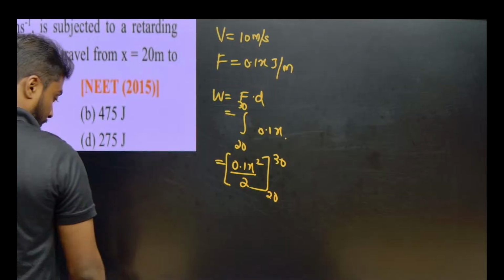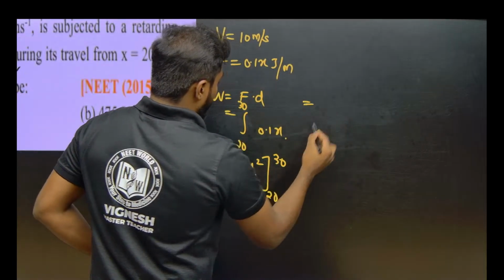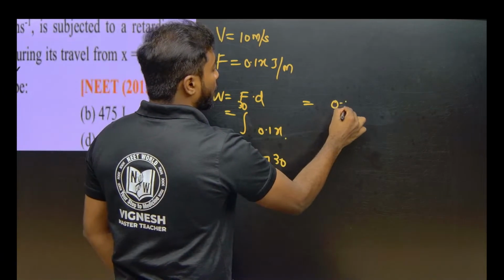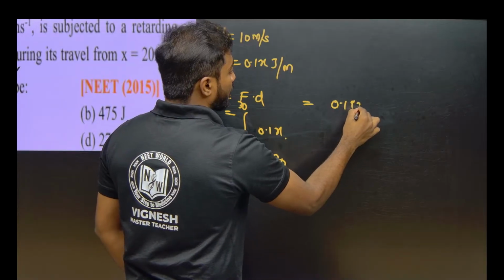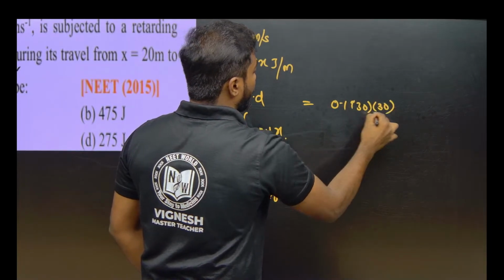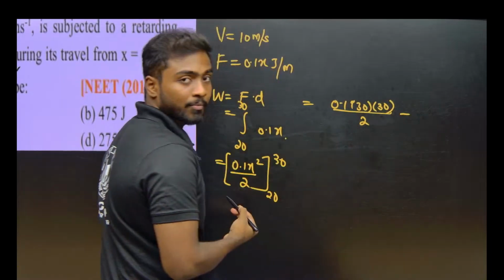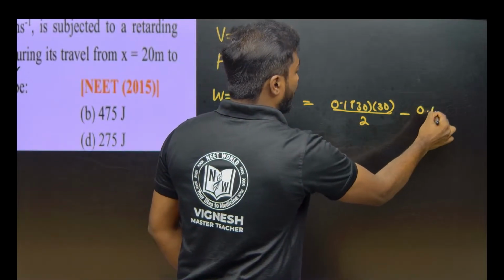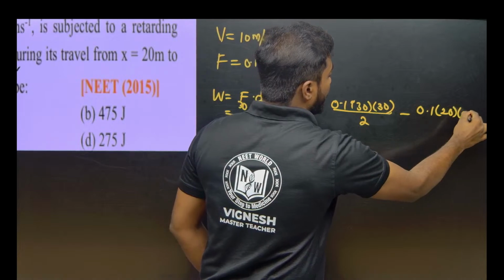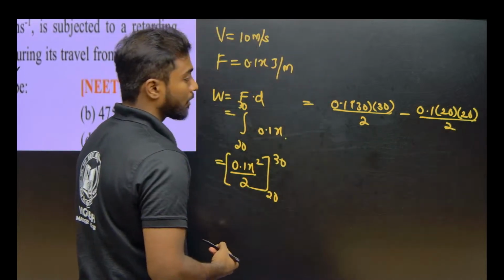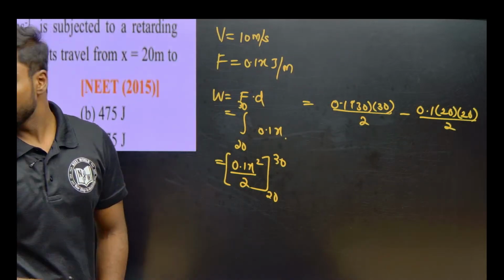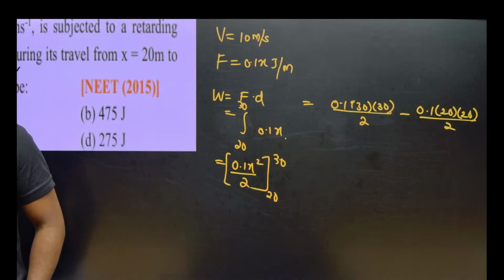Then it is 0.1 into 30 into 30, that is 30 square by 2, minus 0.1 into 20 into 20 divided by 2. I need to substitute the values.